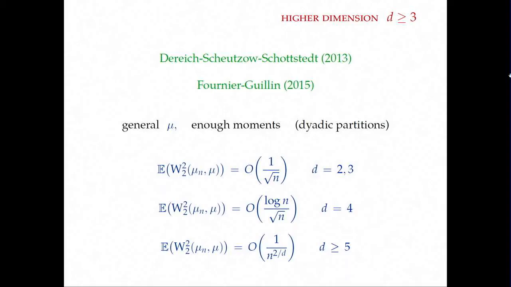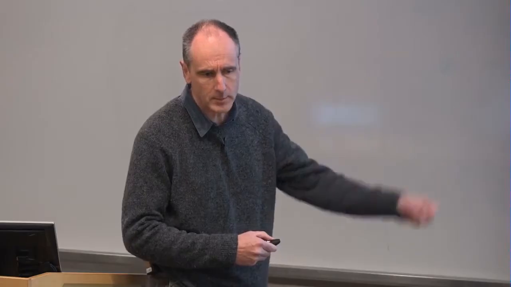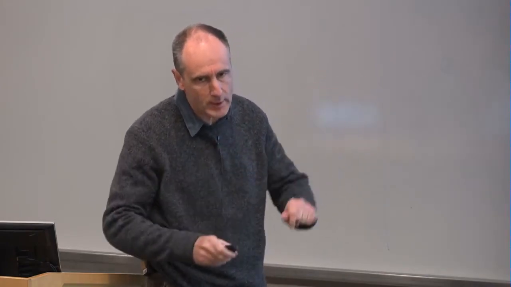And this has been investigated in a number of papers. These are the authors, showing that if you have a distribution on R^d, when d is bigger than 3, with enough moments, using dyadic partitions, more or less like AKT, you are able to show things of this type.